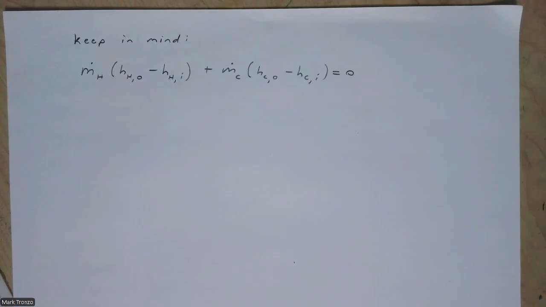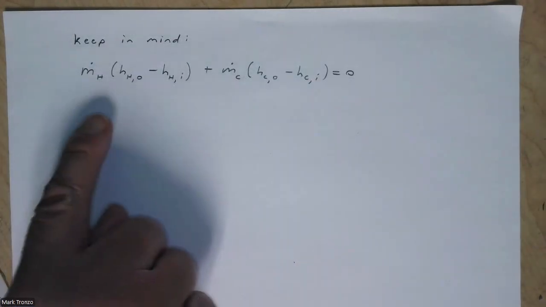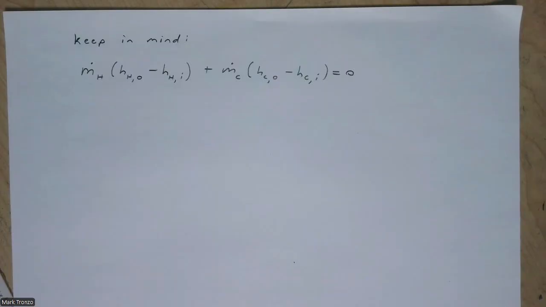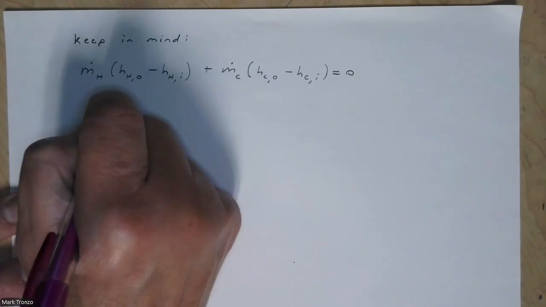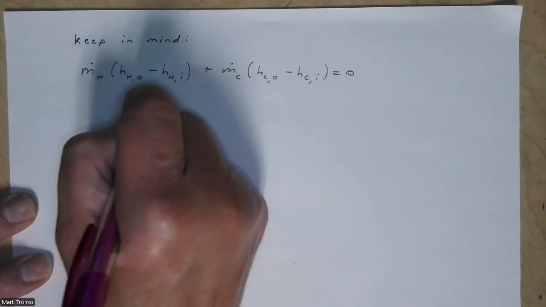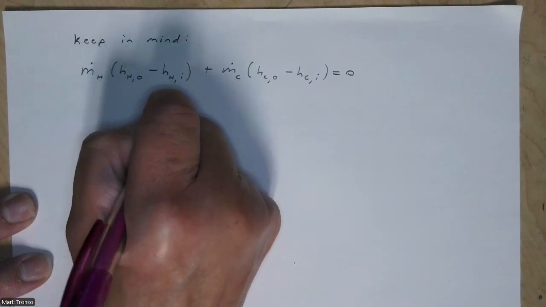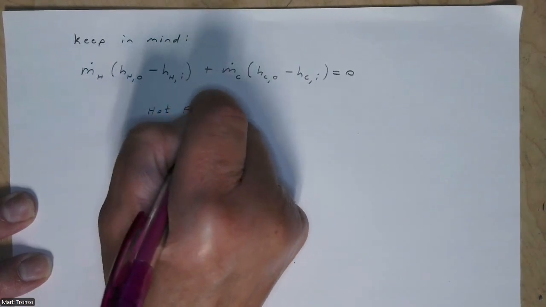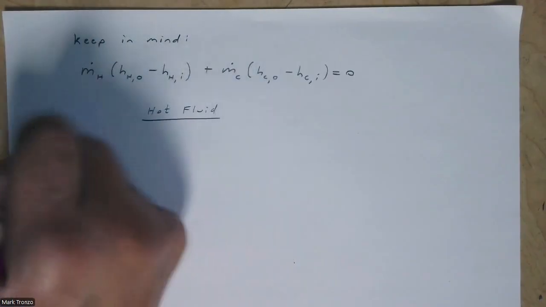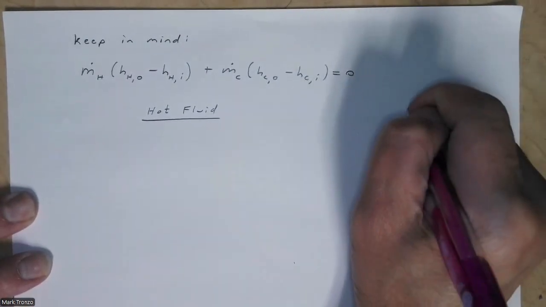Again, as we're doing this problem, keep the equation in mind that we need for heat exchangers. And again, it's best to maybe set up a little table for the hot fluid, and over here, maybe the cold fluid.